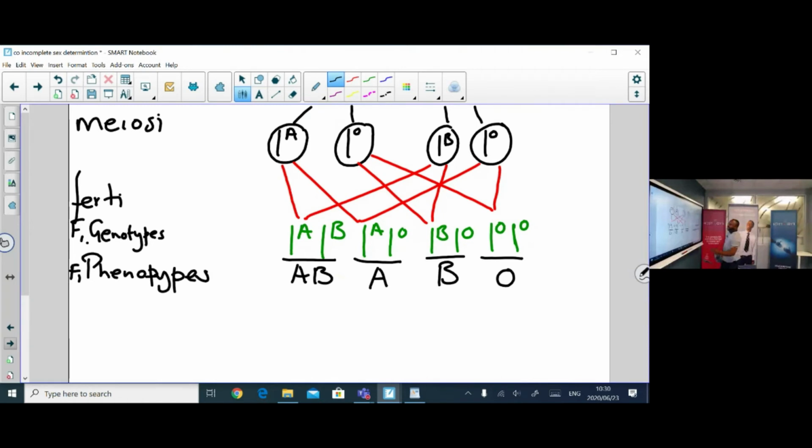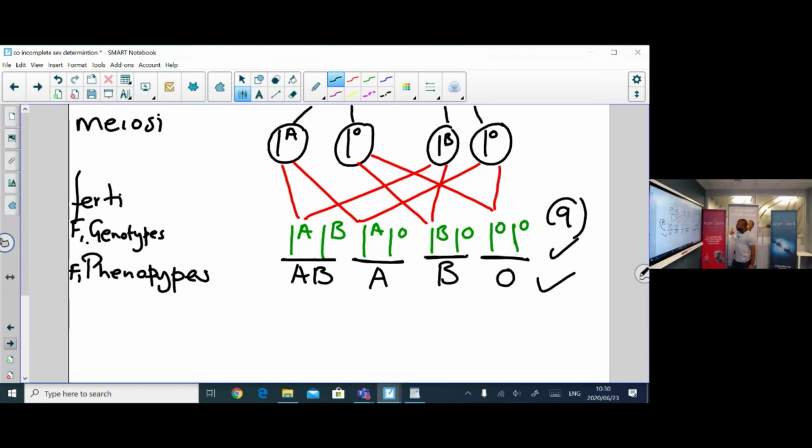The genotypes would be A-B, A-O, B-O, and O-O. So we have got all classes of blood groups from heterozygous parents. All the marks we have taken. Wonderful.